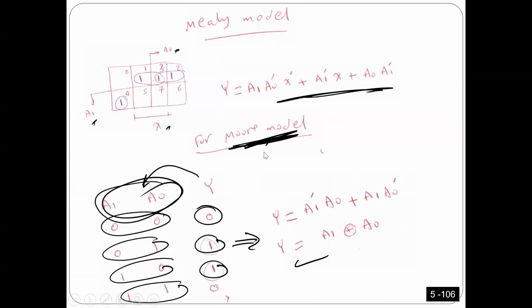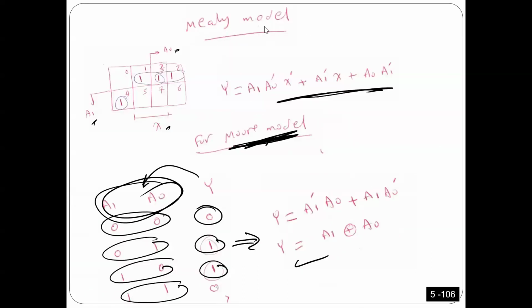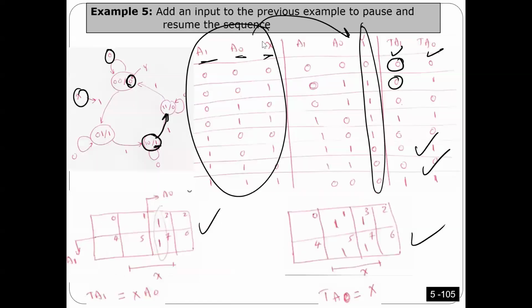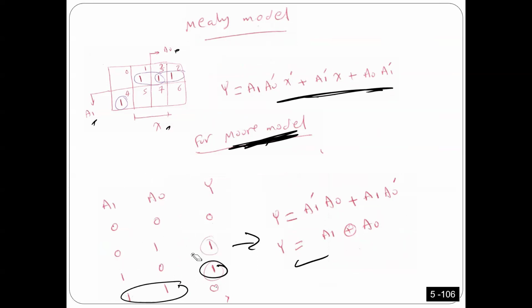Again, what I'm saying is, if you design y using a1, a0, x, automatically this will be the Mealy model. Why? Because x is already an input here. The other way, if for some reason you want to work it using only Moore, you should make a new table here.